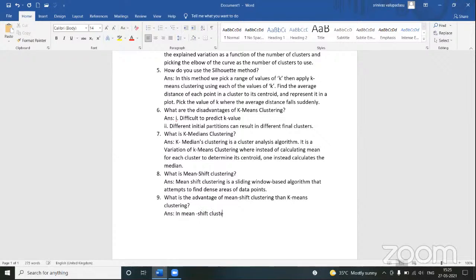In mean shift clustering, no need to select the number of clusters like what we did in K-means.